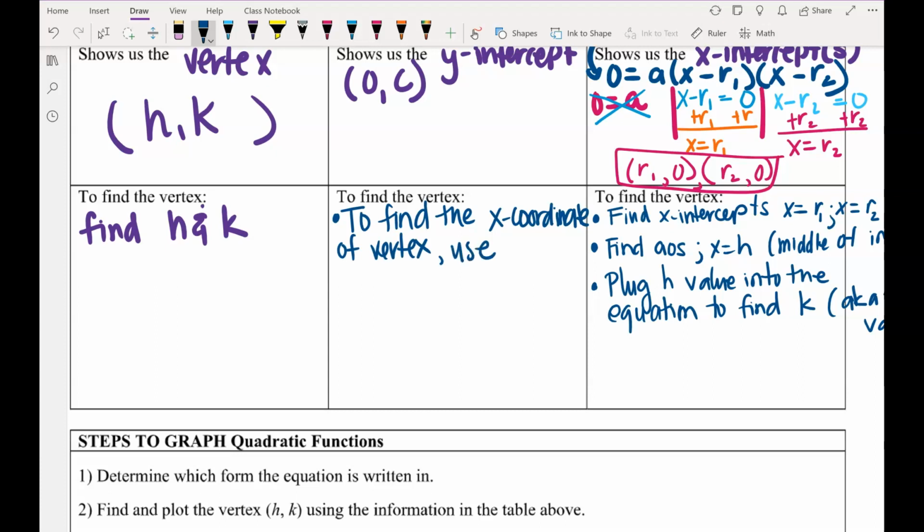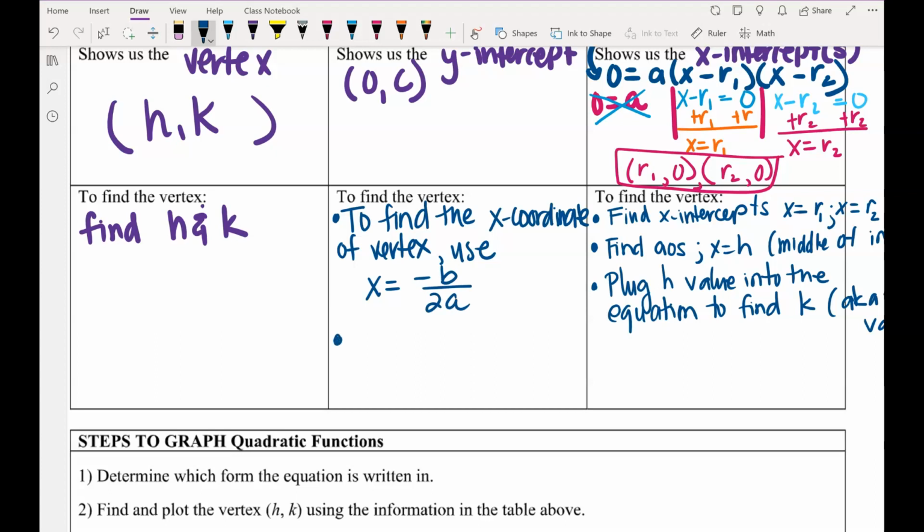What did we use? X equals what, y'all? No, what's the formula that we use to find the x coordinate of the vertex? Negative b over 2a. Negative b over 2a, yep.